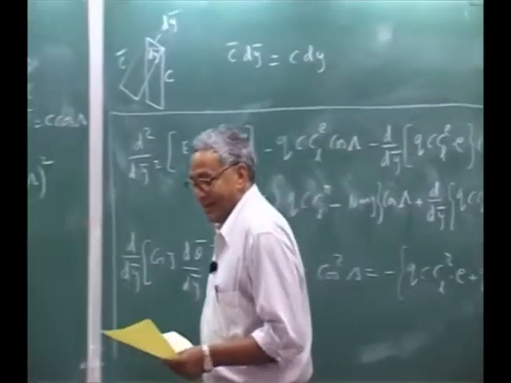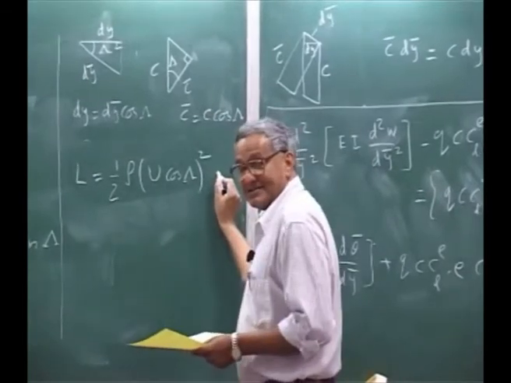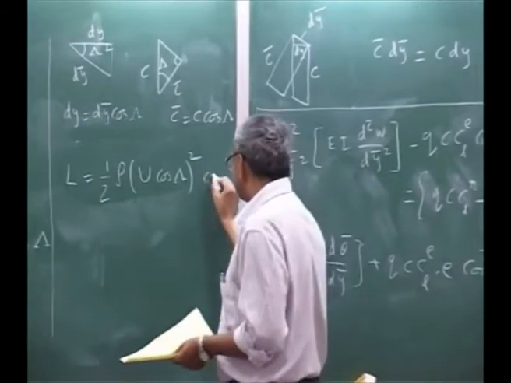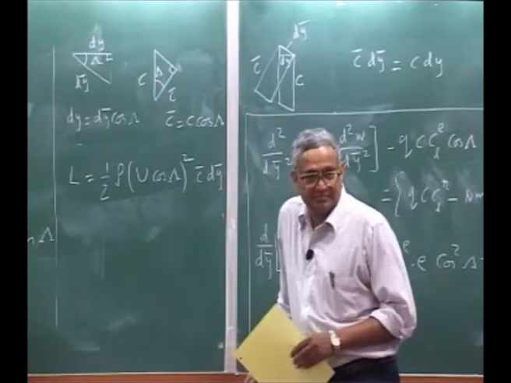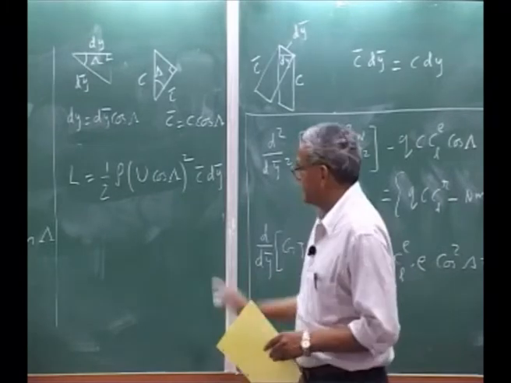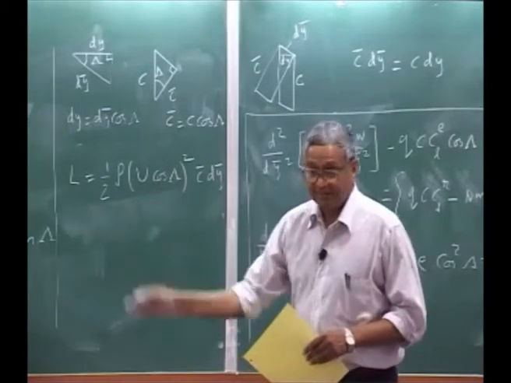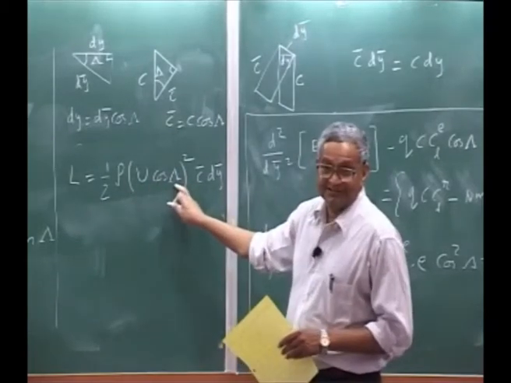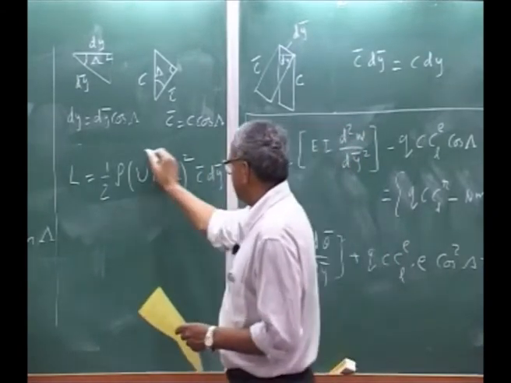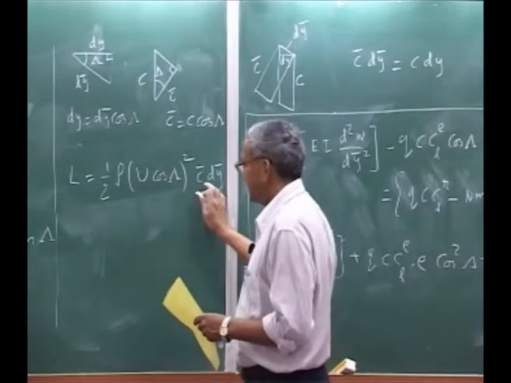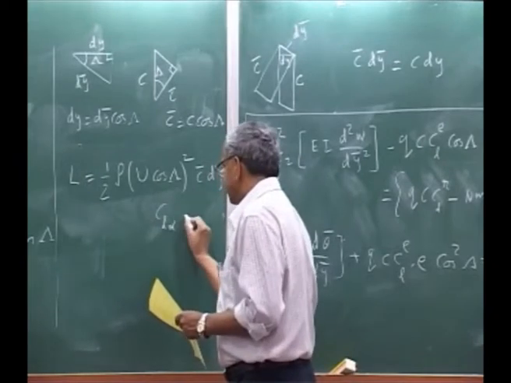Now I will take, either I can write it as C bar dy bar, because this is along the normal, times u cos alpha, squared, which is my dynamic pressure, times the area, and you have some CL alpha times alpha.